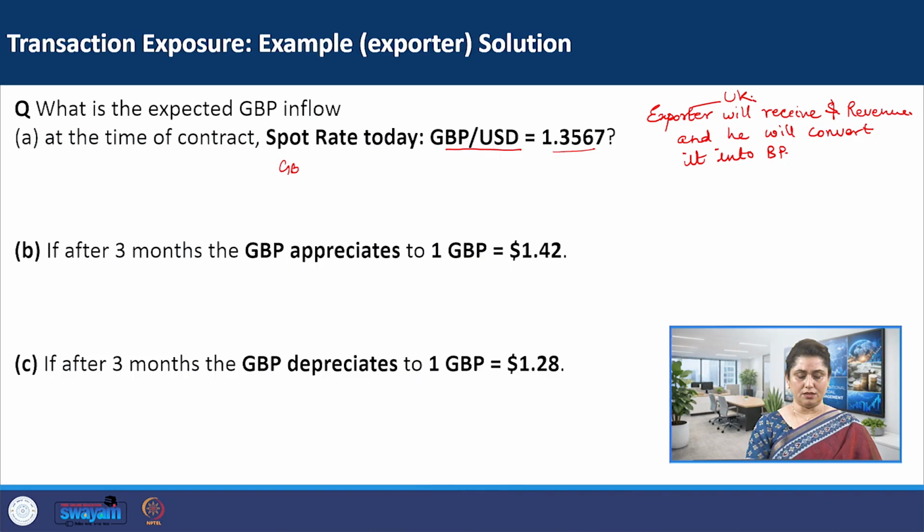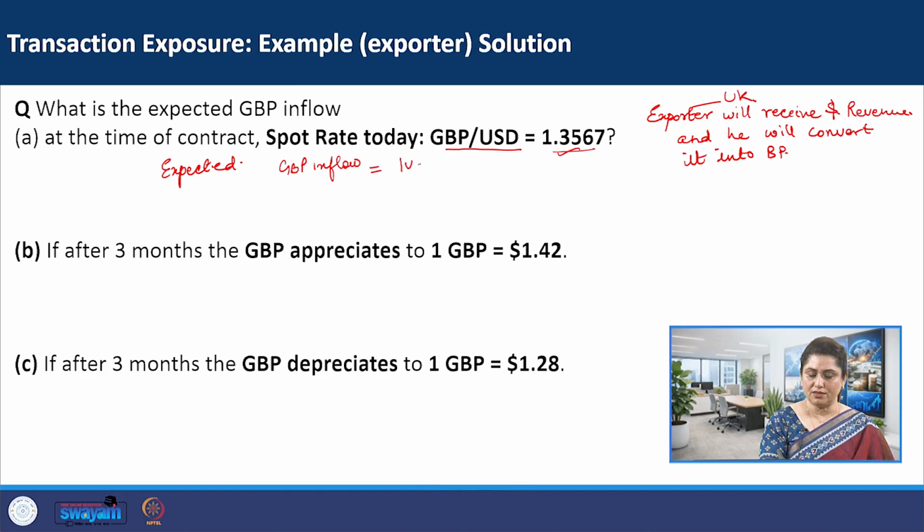So how will he do it? We have been given the GBP value. Now the expected GBP inflow at this rate will be: 1 USD is equal to 1 upon 1.3567, which gives us a rate of 0.7371 British pounds.